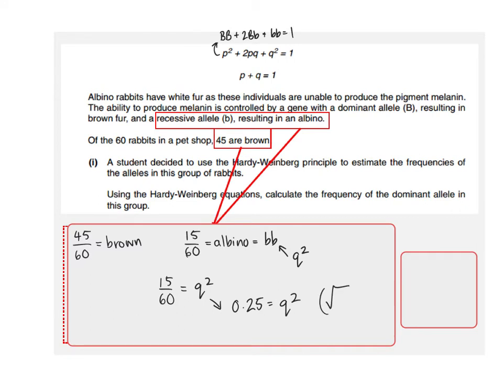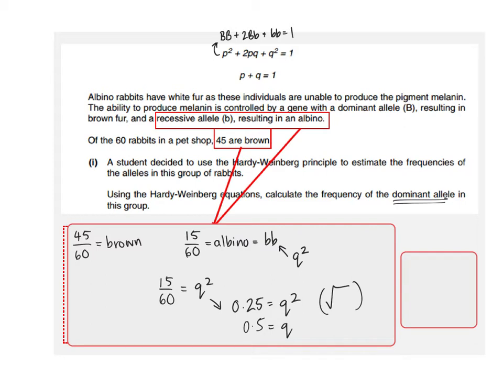And therefore, if we square root both sides, that gives me a value for q, which is 0.5. Okay, now as we can see from this example, the question was asking us for the frequency of the dominant allele, but we can't go straight in with the 45 out of 60 rabbits being brown because we don't know if they're heterozygous, in which case they've still got that recessive A allele, or whether they're homozygous.